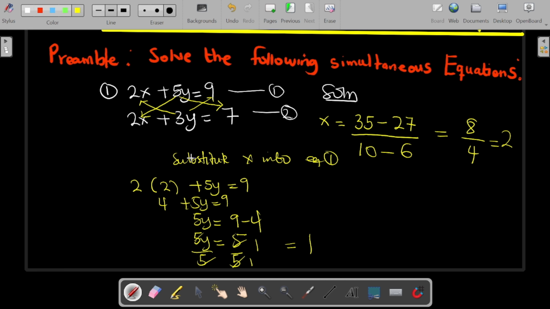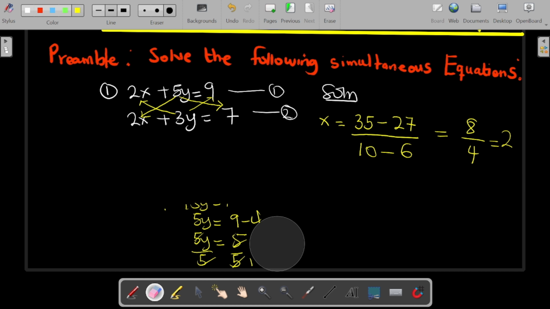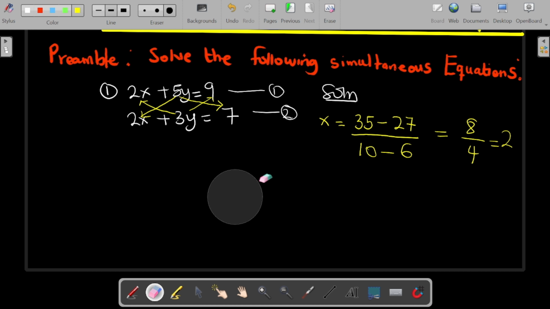Okay, so let's clean the side. We are just cleaning the side. I'm going to leave this side there, right? So let's also erase this side as well.